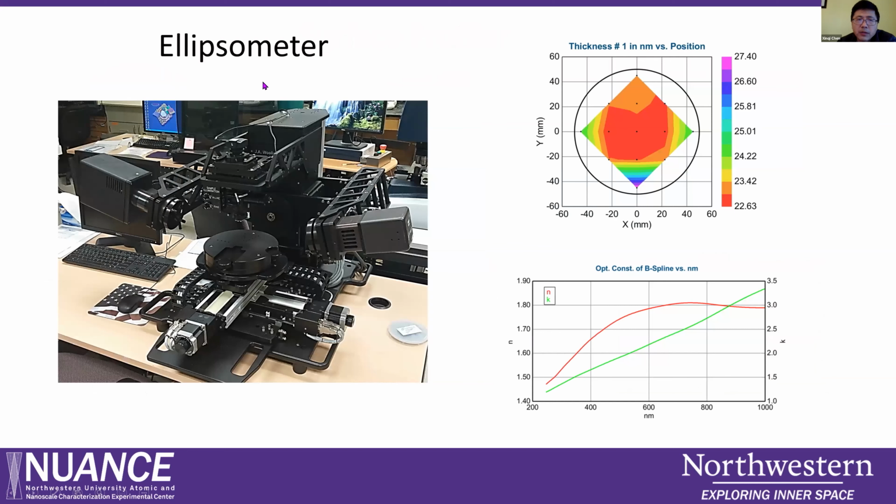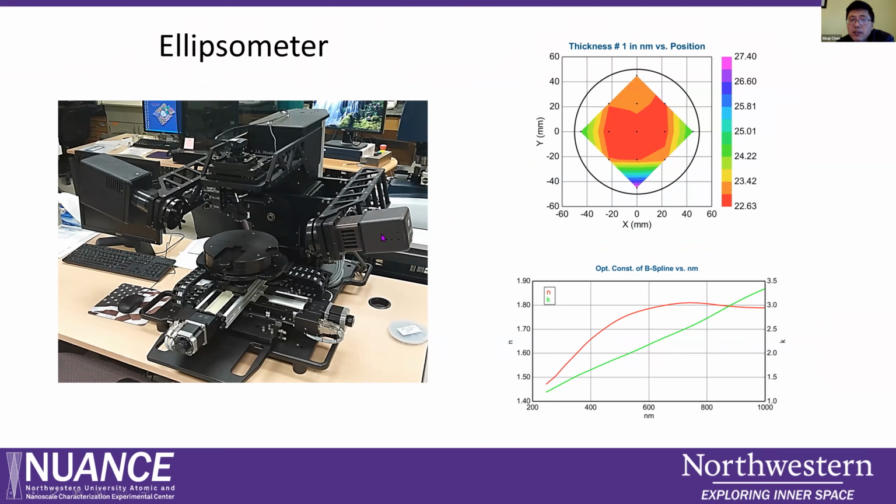This is an ellipsometer. This technique uses light to get through the film and reflect from the interface. Many people measure thickness with a profilometer, but you have to make a step, like a scratch, to partially remove the film. But for films like silicon oxide, silicon nitride, or ALD films, it's hard to remove.